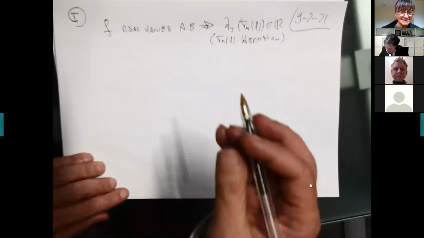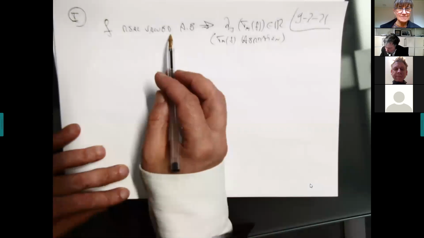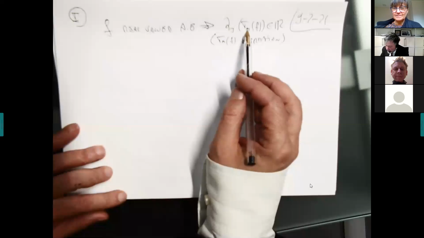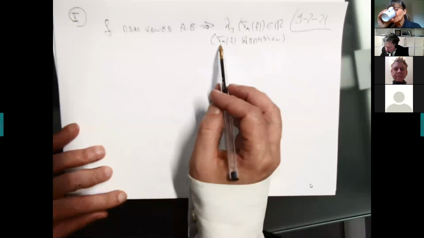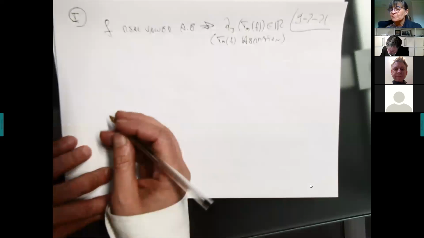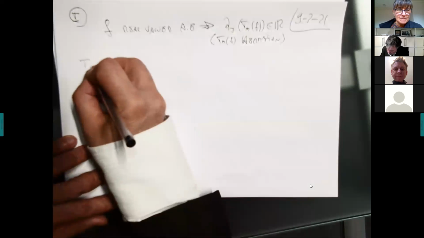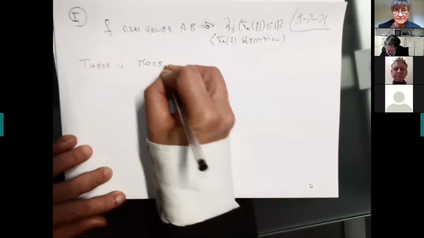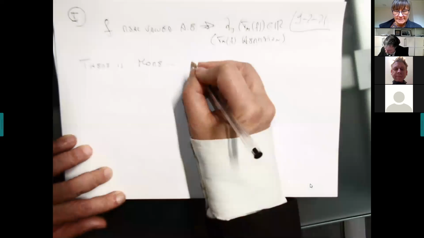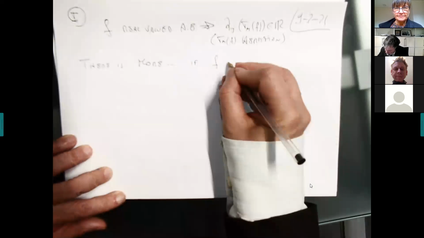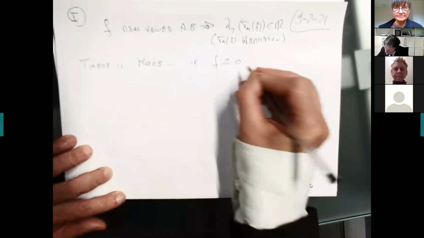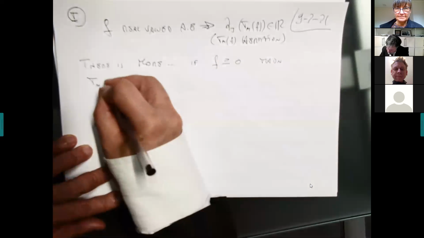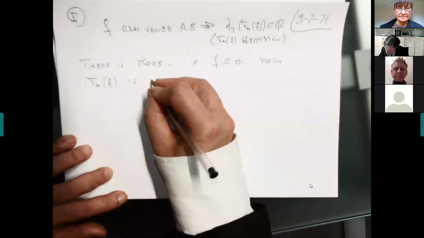Okay, thank you. So f real valued almost everywhere, all the eigenvalues, independently of n, so for any n, are real just because Tn of f is Hermitian. But there is more. If f is non-negative, then Tn of f is non-negative definite.